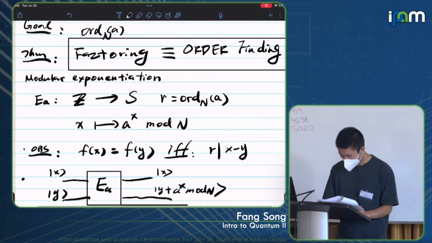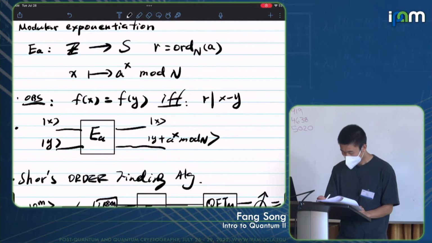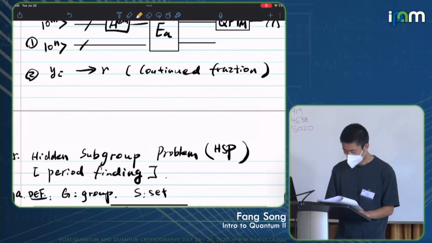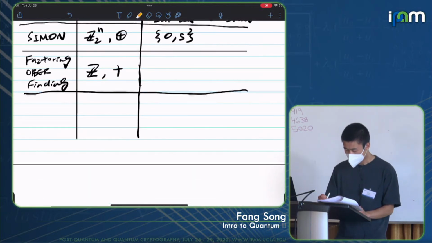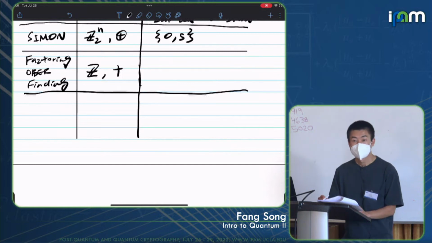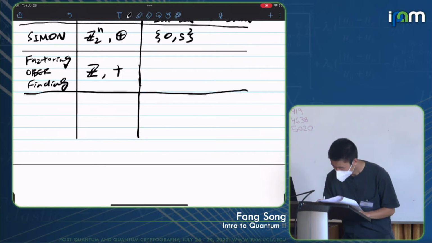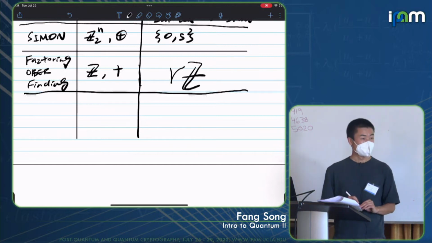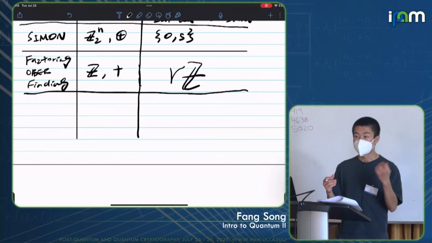The property we observed earlier. So what's the hidden subgroup here? Somebody will realize when I write it down. Multiples of R, the order of A.